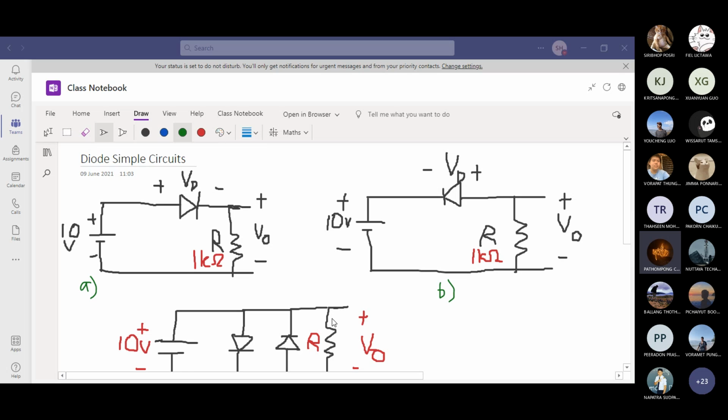Okay, Patampong. I will give you the circuit A to tell us what is the V out in this circuit. What is the output voltage?